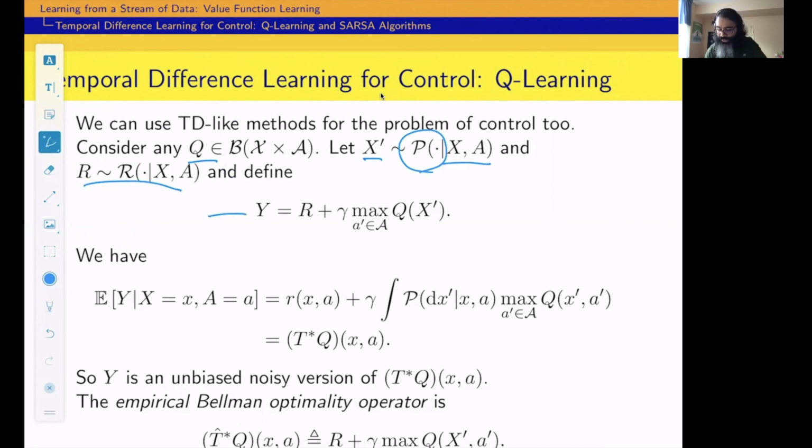Then we define Y equal to reward plus gamma times max over A prime of Q of X prime and A prime.